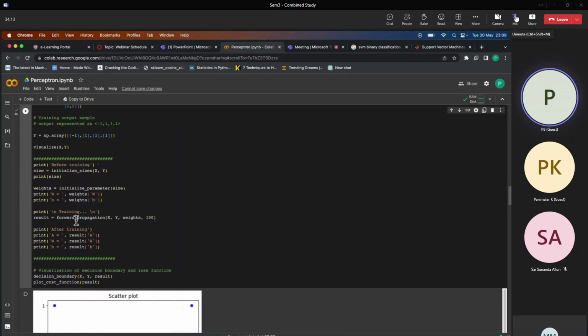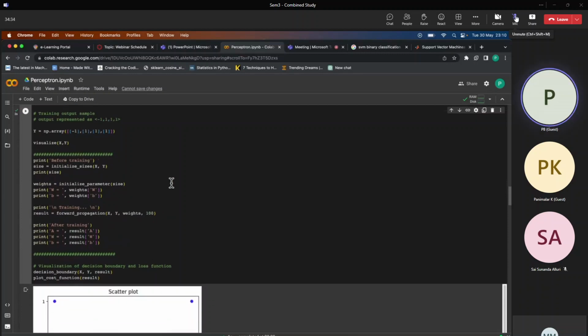We do forward propagation and backward propagation, that we already know, right? And on which data set do we do it? On x and y, right? What do we have in terms of parameters? We have weights. And this 100 is the number of times you have to do it.